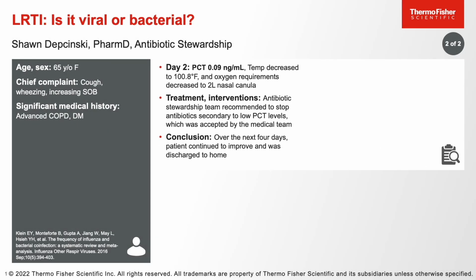The next day, procalcitonin drawn with morning labs showed that it was still within normal range and actually a little bit lower at 0.09. The patient's fever and oxygen requirements were decreasing, so the antimicrobial stewardship team recommended stopping antibiotics, which was accepted by the primary team. Over the next 4 days, the patient continued to improve with oseltamivir and steroids and was eventually discharged home.